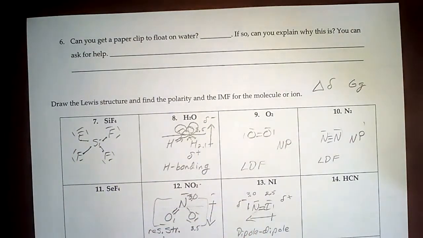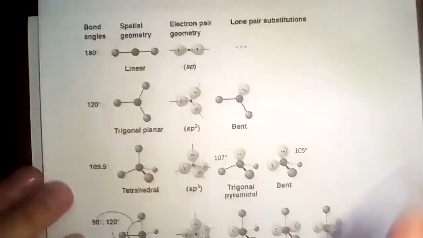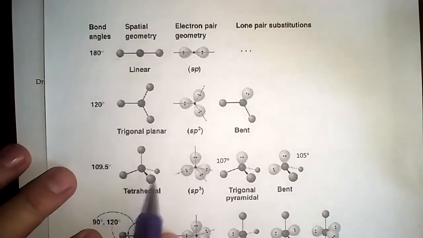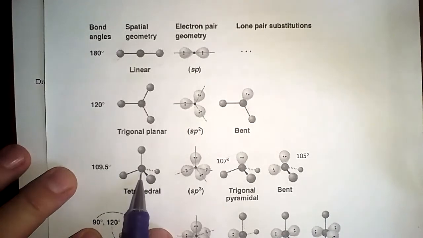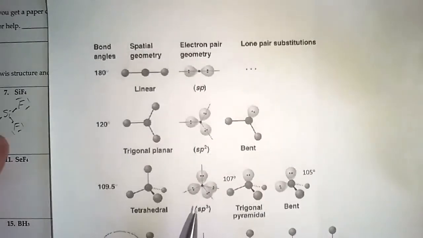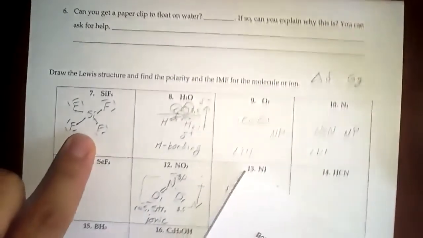And you know what? Here's where the molecular chart comes into play. What shape is that? That's a tetrahedral shape. F, F, F, F, Si. 4 bonds, and no extra clouds on the center point.